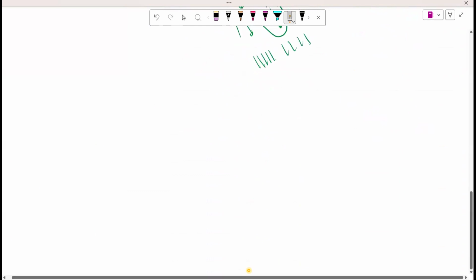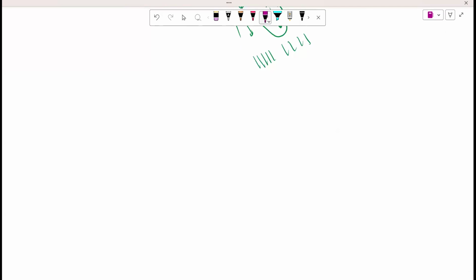For example, if I take a spring, okay, and attach it to some solid surface, and now I move the spring back and forth like this. Okay.